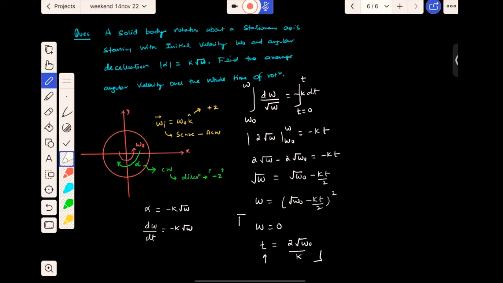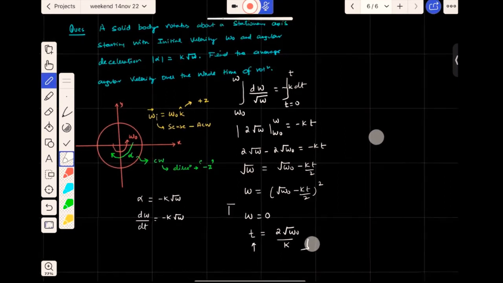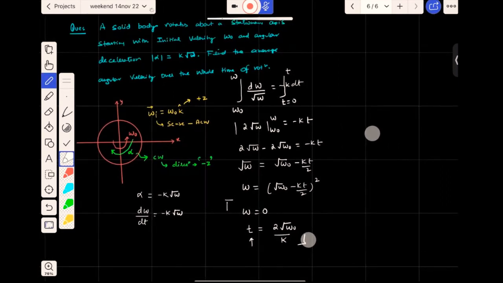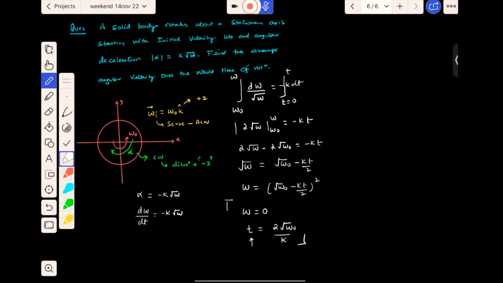Now next I need to know what angle it will cover in that time. For that what we do is we find out the angle it is going to cover, or else any idea what else we can do. So the average angular velocity will be delta theta by delta t.